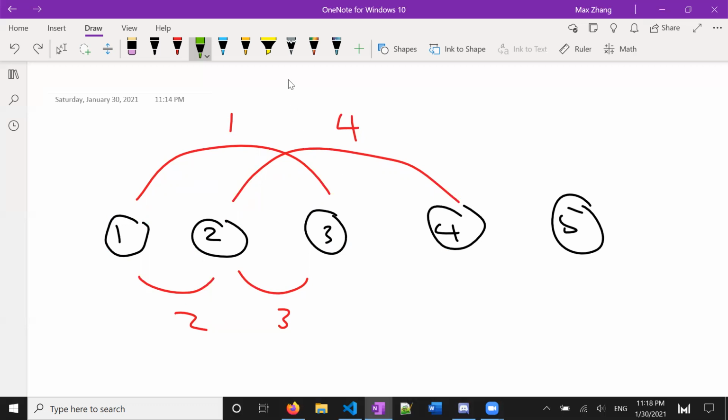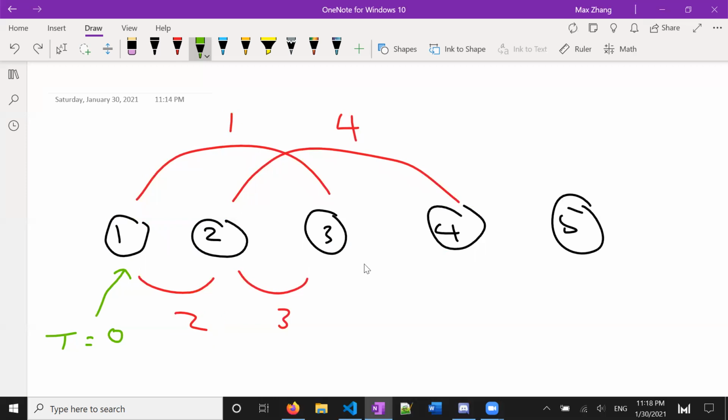So something we can notice is that, say a cow is standing here at this position, and say that currently it's time 0. This is the beginning of the program before any swaps have taken place. Then notice that out of the 2 swaps that are connected to position 1, one of them happens at time 1 and one of them happens at time 2.